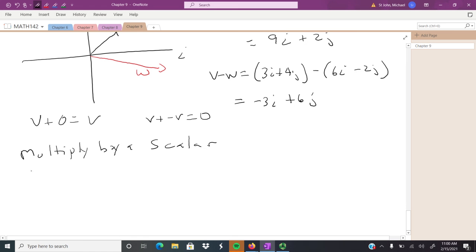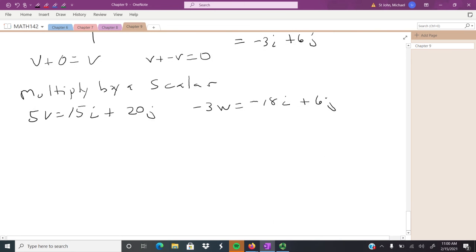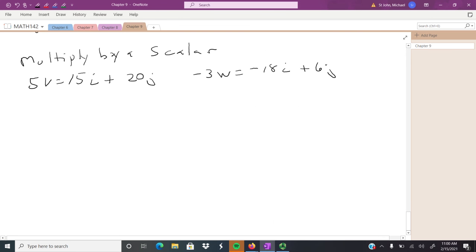So if I said 5V, well, that'd be 5 times my original vector V, which will now be 15i plus 20j. If I did negative 3W, well, this would be minus 18i plus 6j. So we can multiply by a positive or negative number. Okay.